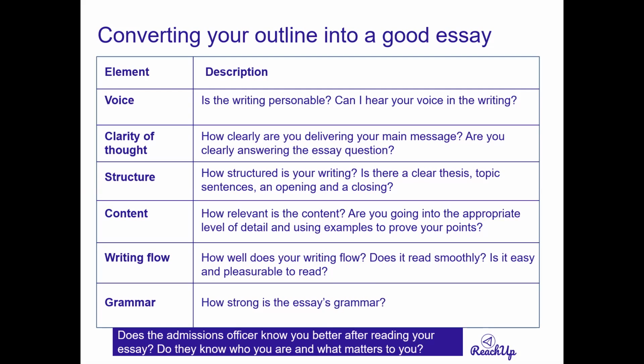That's very important to admissions officers who are reading thousands of essays every year. You want to stand out, and the best way to stand out is to make your voice heard through your words. And the way to do that is to make sure you have opinions in there. It's to make sure to describe emotions that you're having, not just facts, but emotions, perspectives, your opinion, and you.